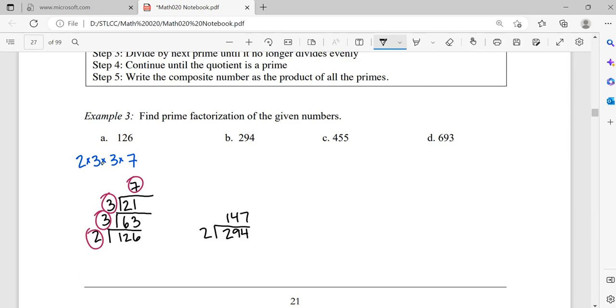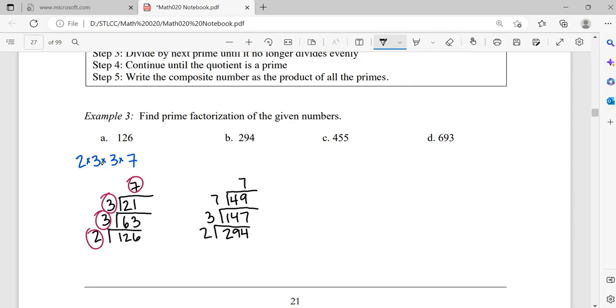147 is not divisible by 2, but it is divisible by 3, right. So my next step of the ladder is the 3. 147 divided by 3 is going to give me the 49. Okay, so 49 is 7 times 7, so it is divisible by 7, and we have the answer is 7.